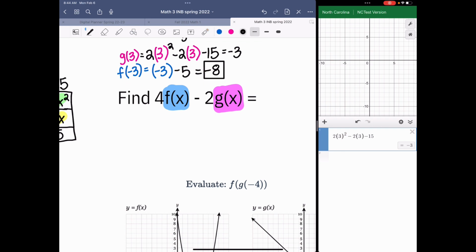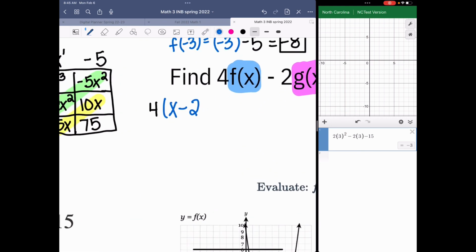So what I'm going to do is 4 times f of x, which is x minus 5. So I'm going to do 4 times x minus 5, and you're basically just going to distribute there. So that's going to become 4x minus 20.